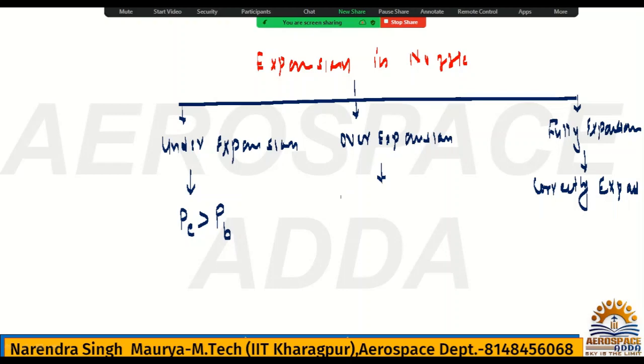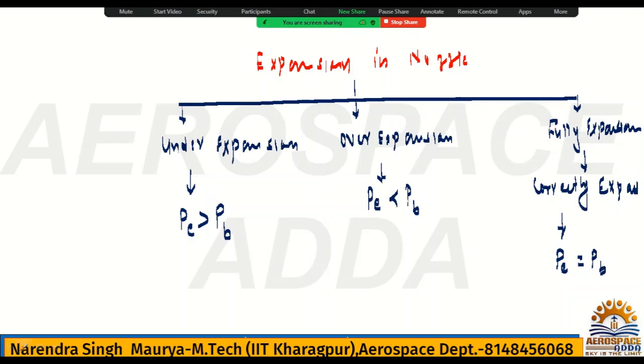Expansion means reduction in pressure, so extra reduction in pressure compared to the back pressure or atmospheric pressure, hence PE is less than PB. Over expansion means extra pressure drop. Under expansion means it is yet to expand, extra pressure is still available. And correctly or fully expanded means PE is equal to PB.